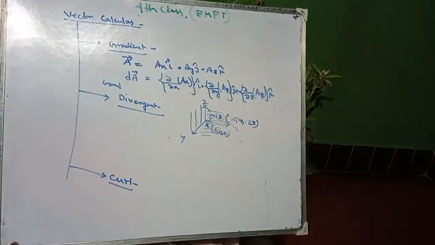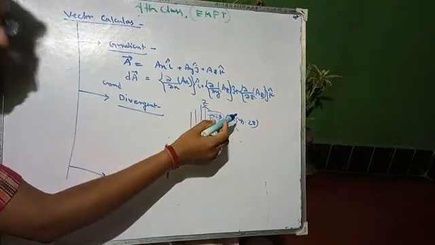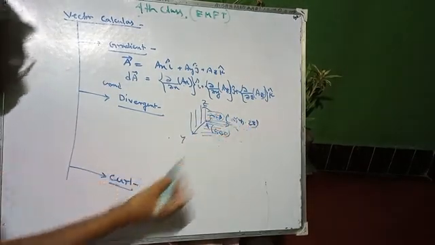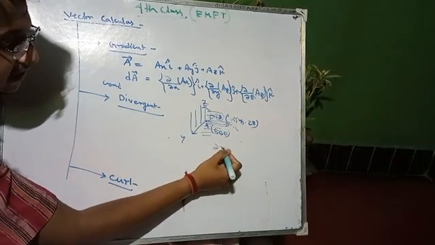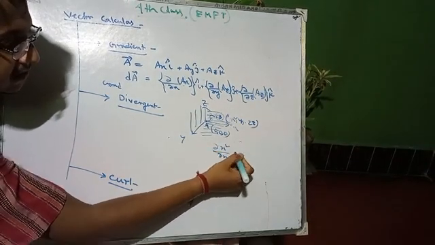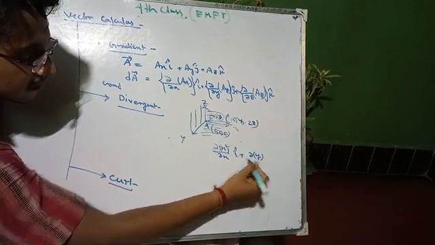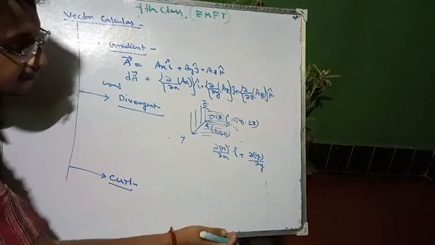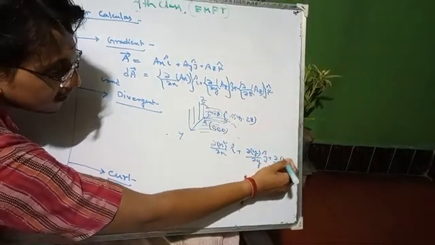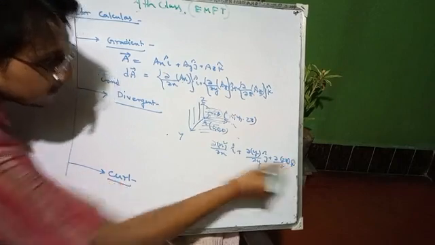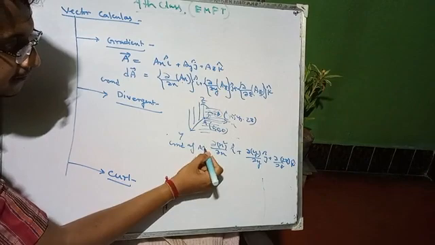So what will be your gradient? Gradient will be del of x square by del x i cap plus del y by del y j cap plus del of 2z by del z k cap.